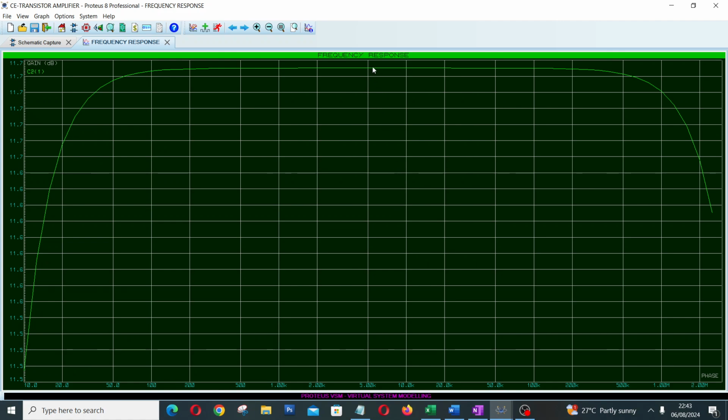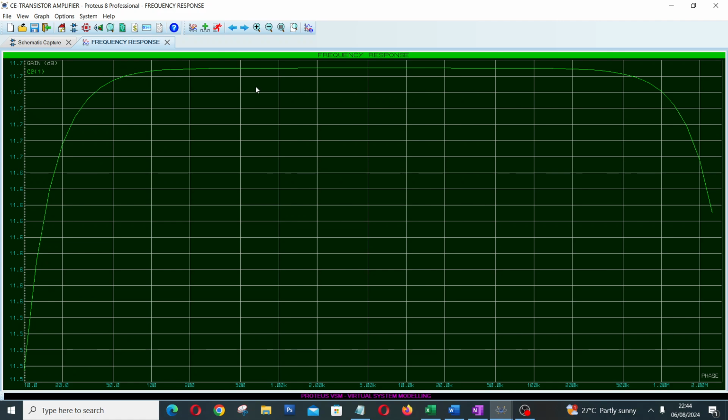Now, there are three key frequencies that we must understand about this frequency response curve. Number one is the mid frequency, where we have the highest gain. The highest gain that we could see here is around 11.7 decibels.